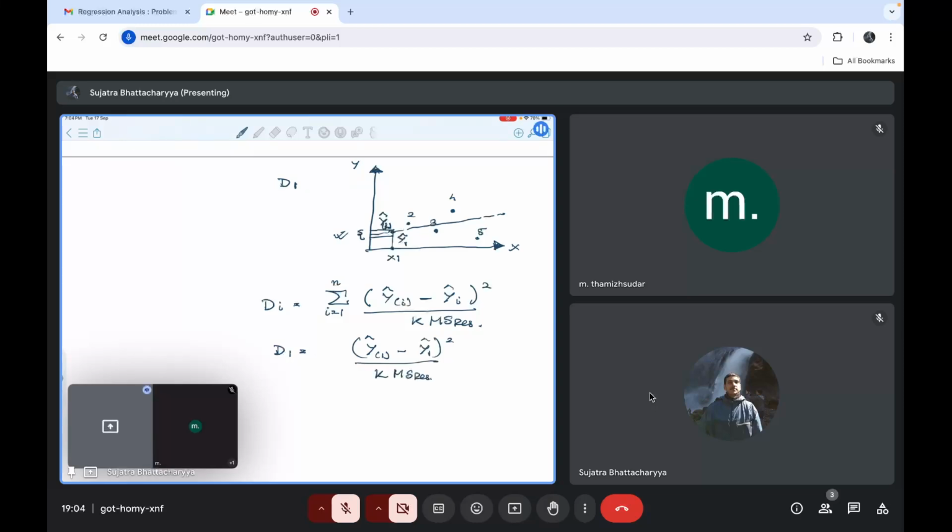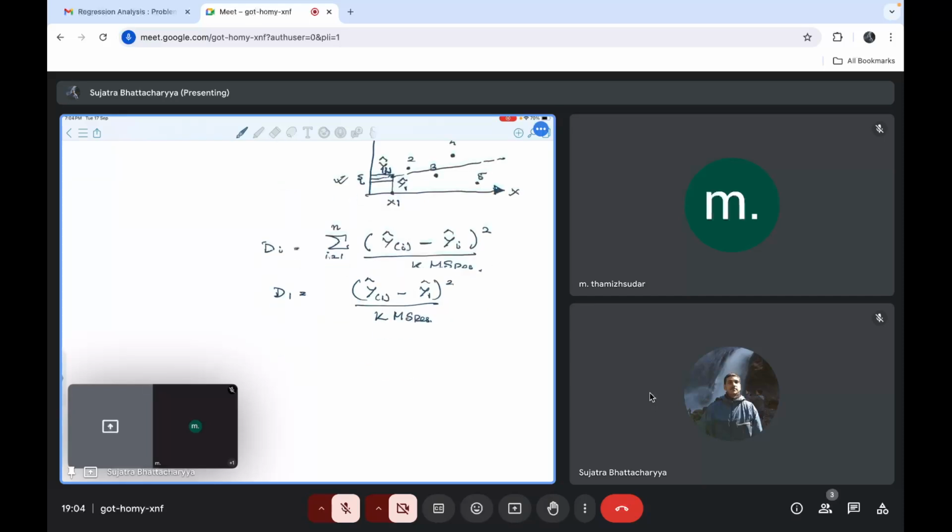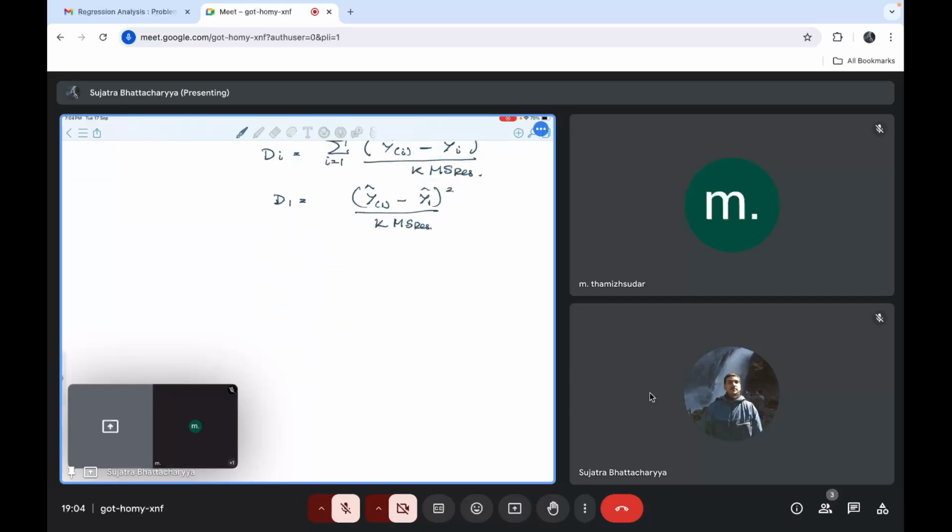So this is how you have to find it. The rule is that di has to be much larger than the other values. You will calculate d1, d2, d3, d4 like that. Whichever is the largest is the influential observation. That is the criterion.